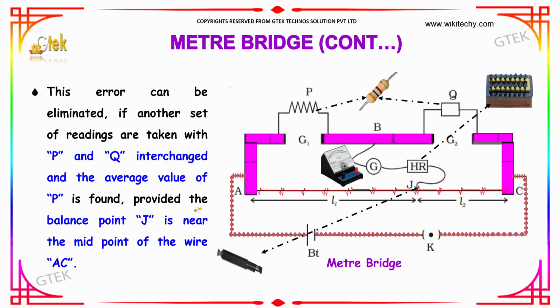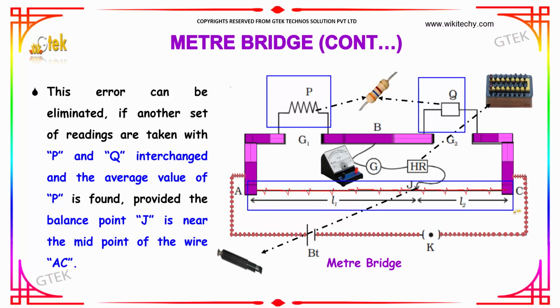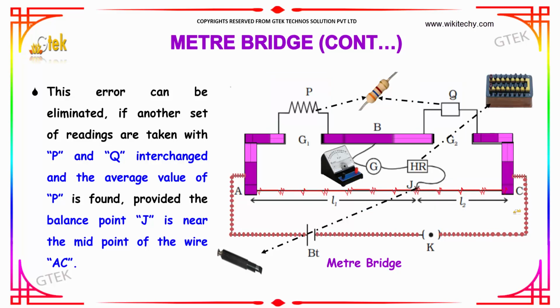This error can be eliminated if another set of readings is taken with P and Q interchanged and the average value of P is found, provided the balance point J is near the midpoint of the wire AC.